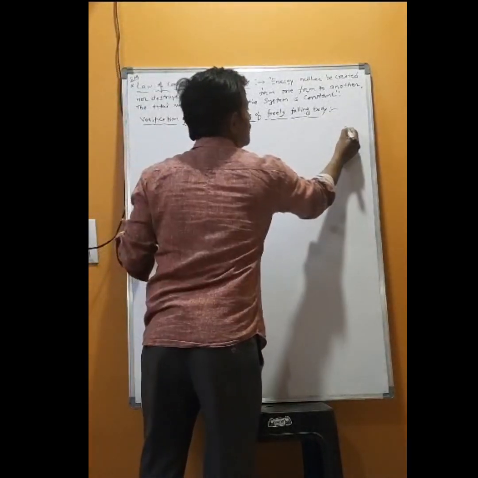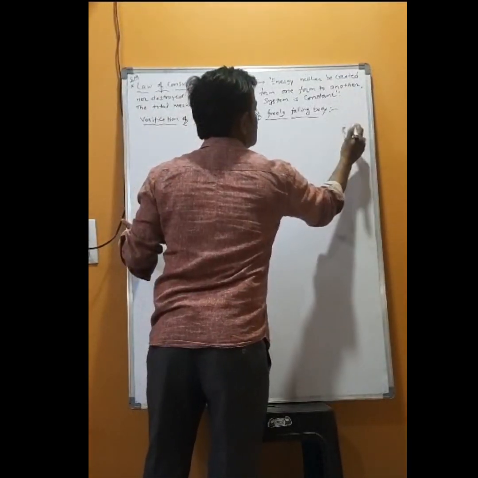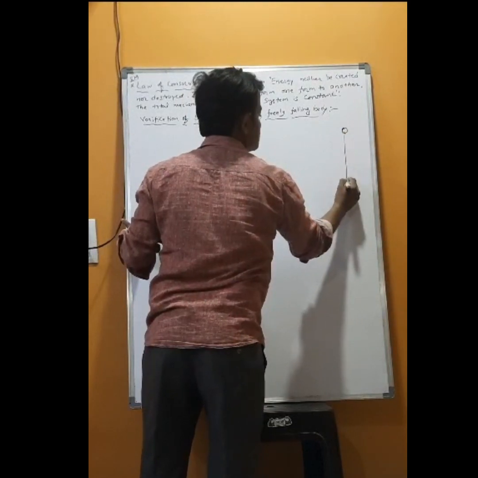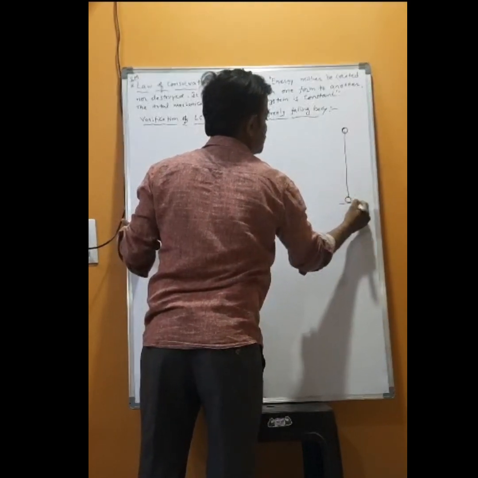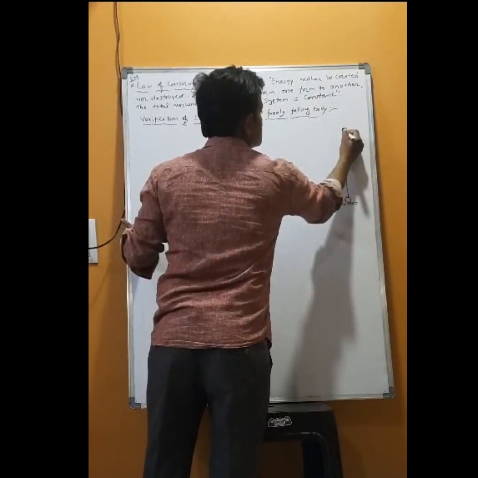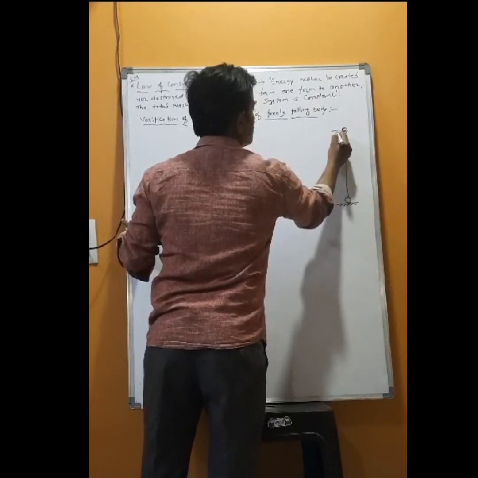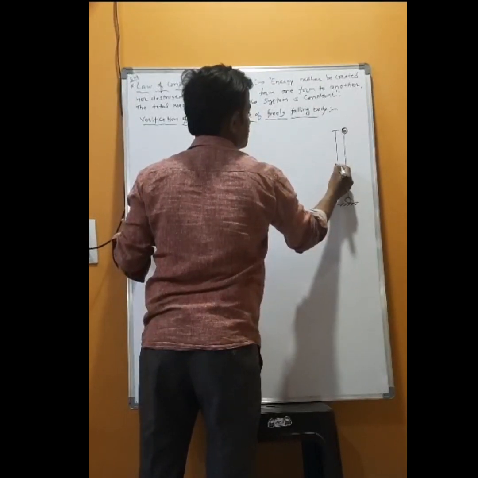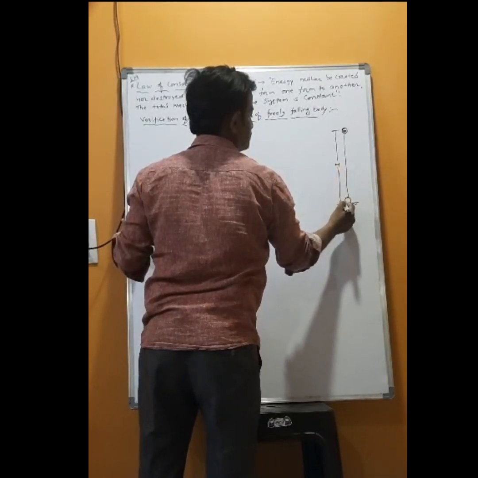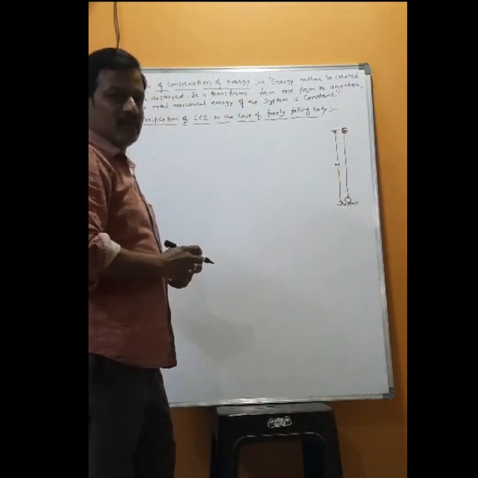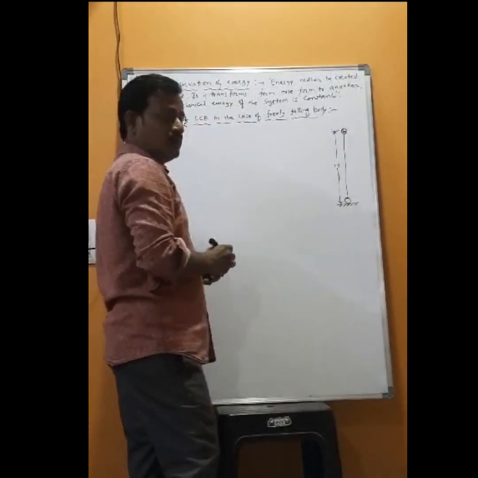Now I am drawing a line for the freely falling body. We are considering that this is the mass m, freely falling from a certain height H. To verify the law of conservation of energy, we are taking 3 points.